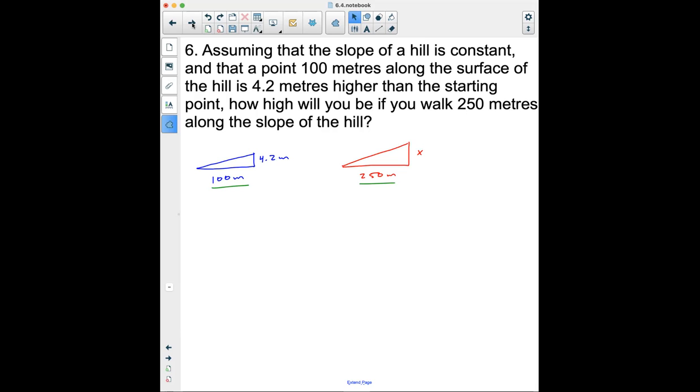So we could go ahead and find the scale factor and then apply it to find the new measurement. Or, because we've been doing those other strategies for a while, I'm going to do a little trig review from the beginning of the school year.